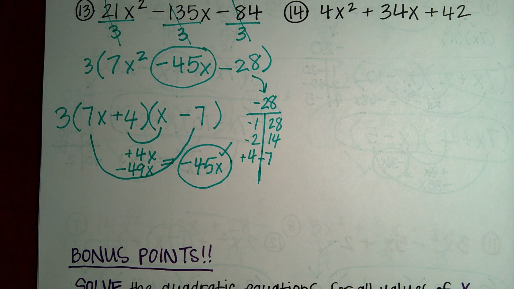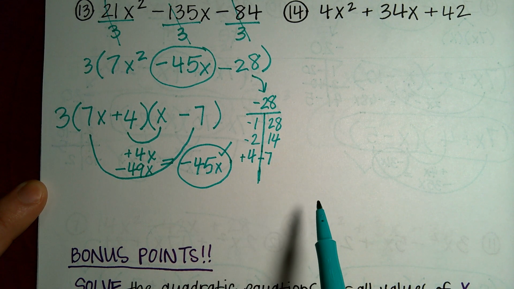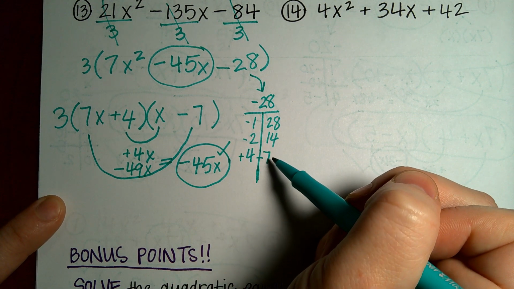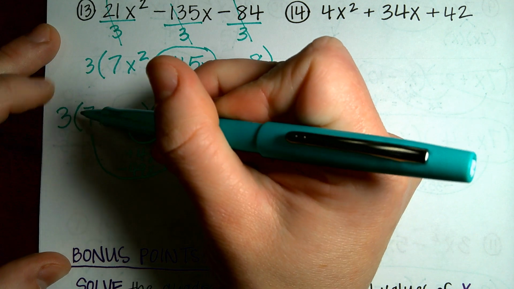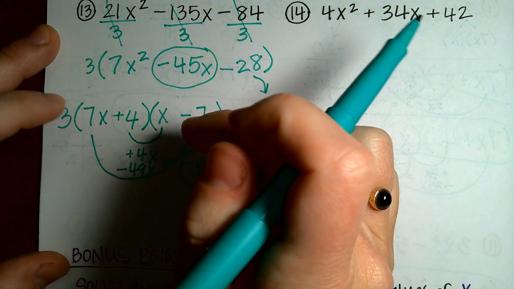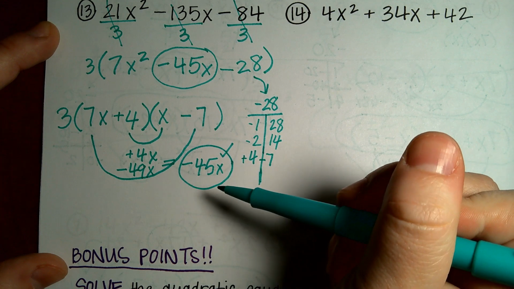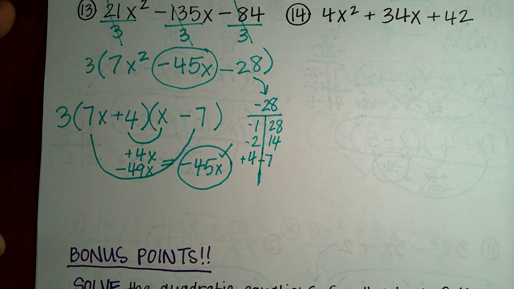Times 7 and 7, go with the right-hand number. Yes, so that number on the right-hand side, that 7, I know that's going to get multiplied by my first term here, which is 7x. 7 times 7 is 49, which is pretty close to 45. So that would be a really good way to think about which numbers we should try first.